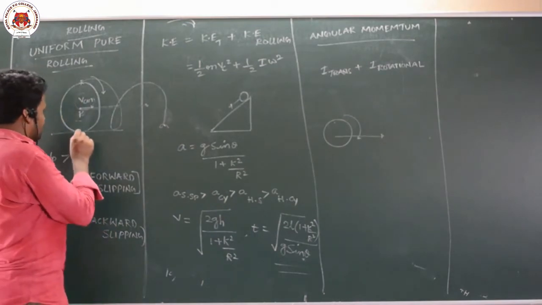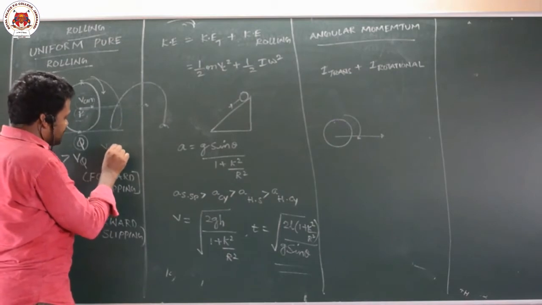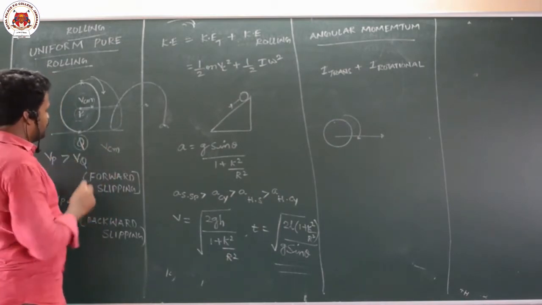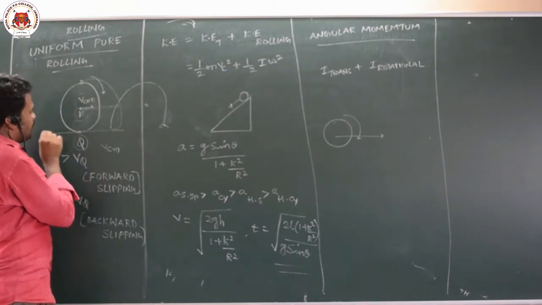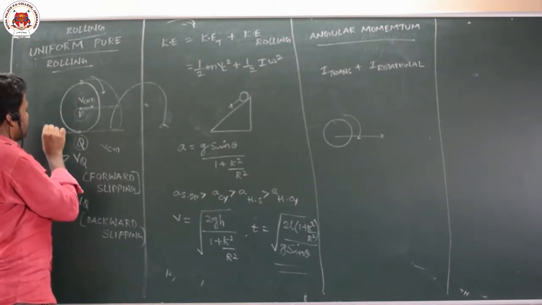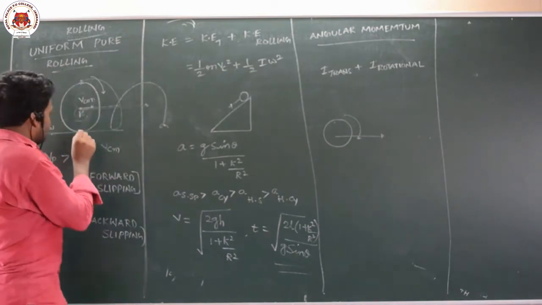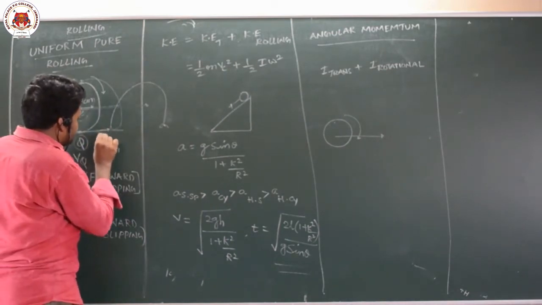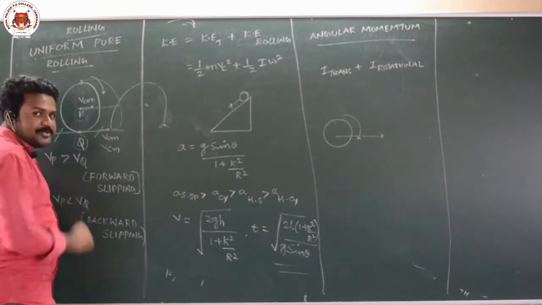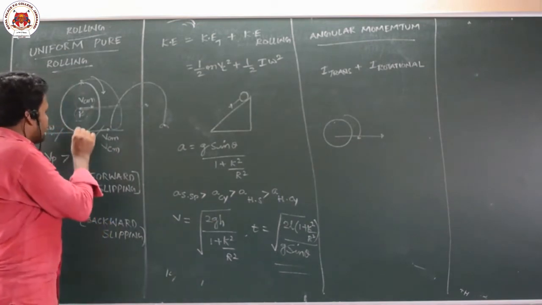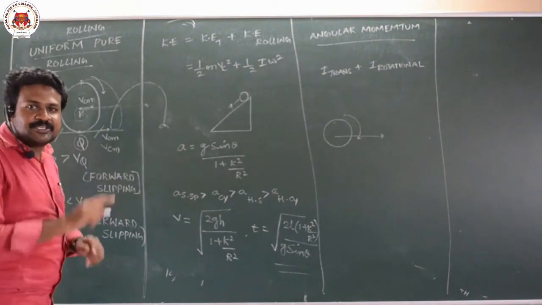If you take the velocity at P, we call it the velocity of center of mass, and then the velocity at Q. Because of rotation, you will get R omega in this direction, because V is equal to R omega, and the velocity of center of mass will be in this direction. If these two velocities cancel, the point of contact is momentarily at rest, and there is no slipping.